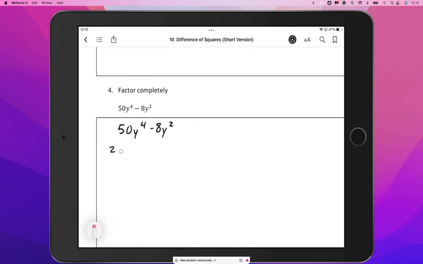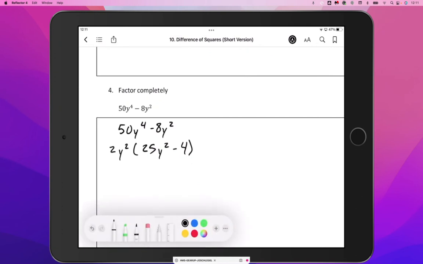If we take out a 2y to the power of 2. Both those terms have a 2y to the power of 2 in them. So if we divide by that, we get 25y to the power of 2. 8 divided by 2 makes 4, and the y to the power of 2 will drop out because we've divided by it.